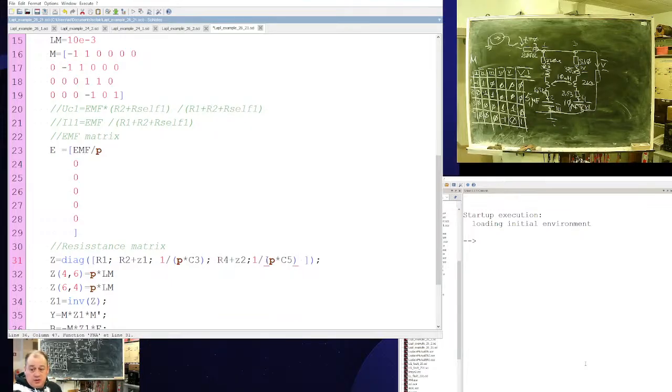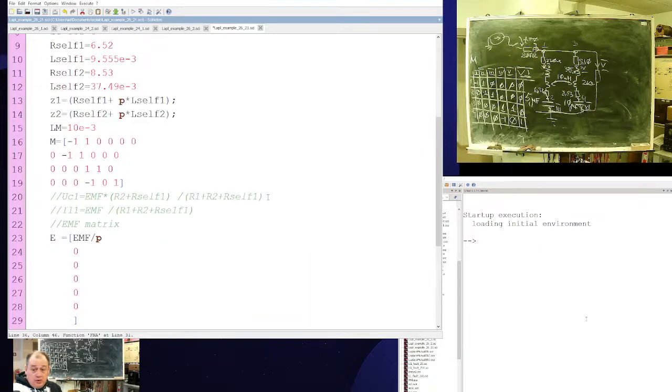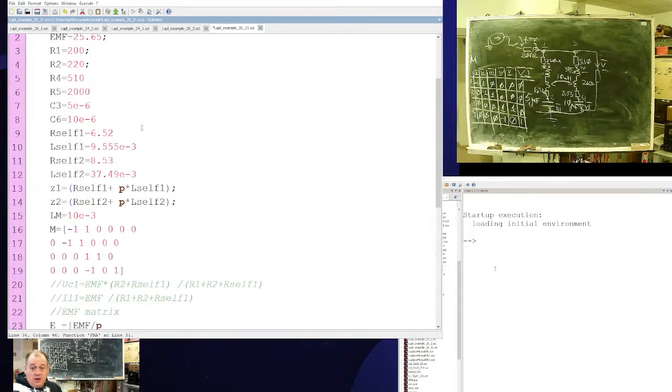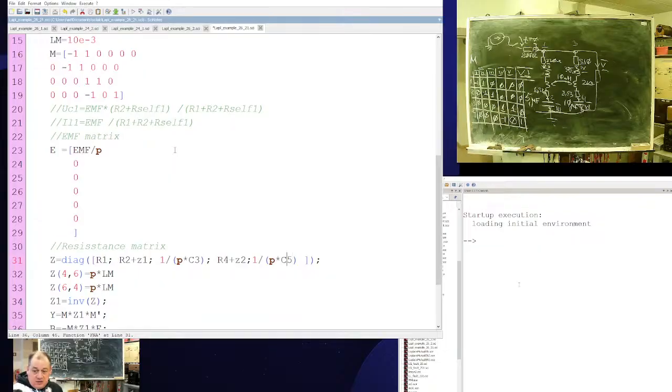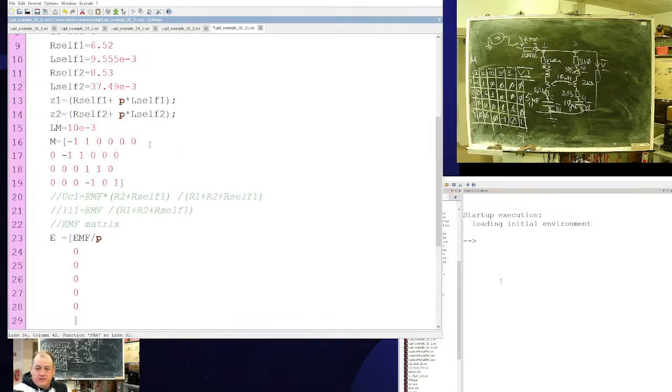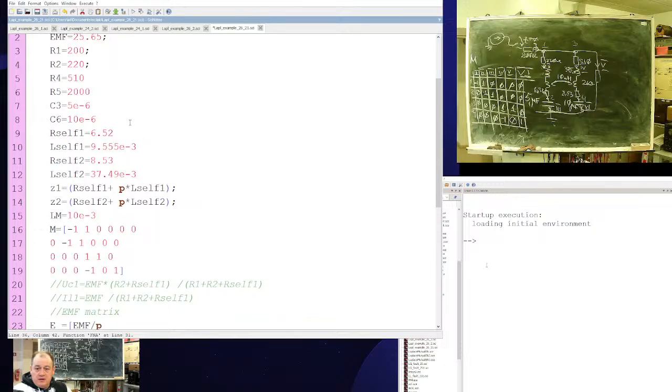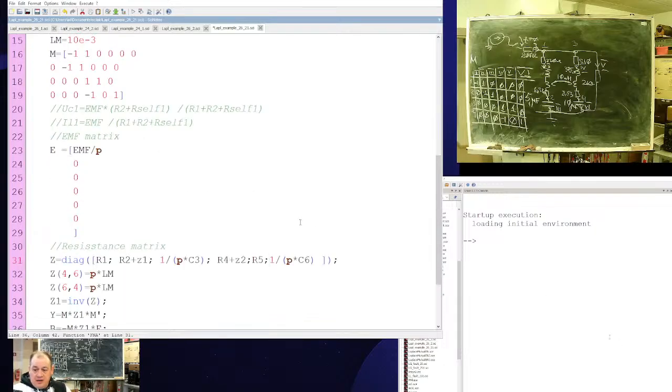What I'm doing, why does nobody protest? Not C5 but C6. And here should be R5, or do I have R5? Yeah, I have R5. Now I have the main diagonal, but that's not all.